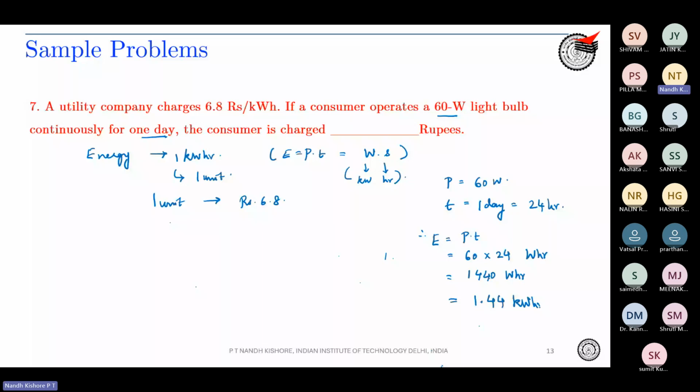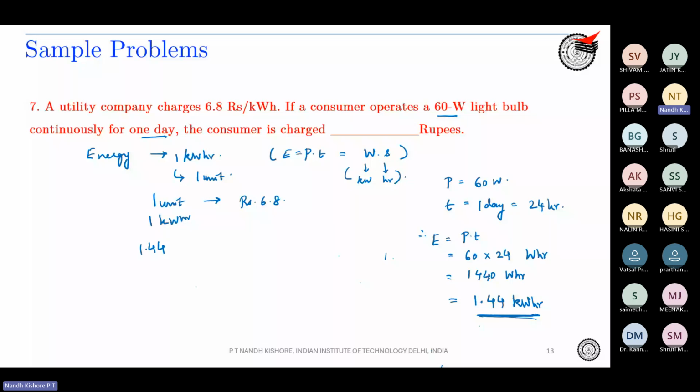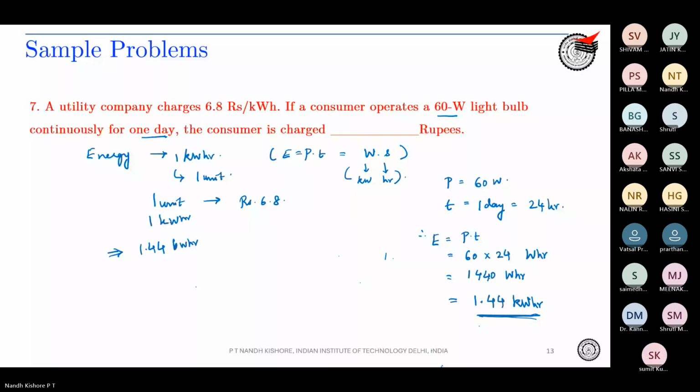So if you operate a 60-watt bulb for 1 day, this is the energy that gets consumed. They have given that 1 kilowatt hour costs you 6.8. So 1.44 kilowatt hour will cost you how much? 1.44 into 6.8, which is 9.792. Correct. Rupees 9.792.